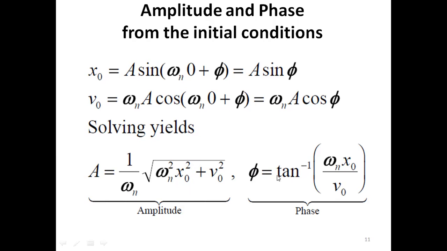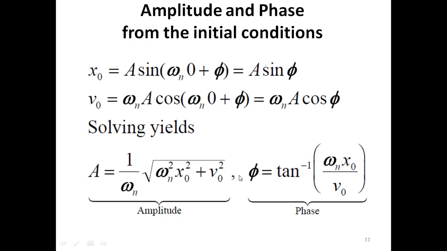And the equation for the phase is very simple. We have to bring that term to the other side of the equation, and then if we divide equation 1 by equation 2, A would cancel out. Sin φ by cos φ would be tan φ, and on the other side we would have ω_n x₀ by v₀.